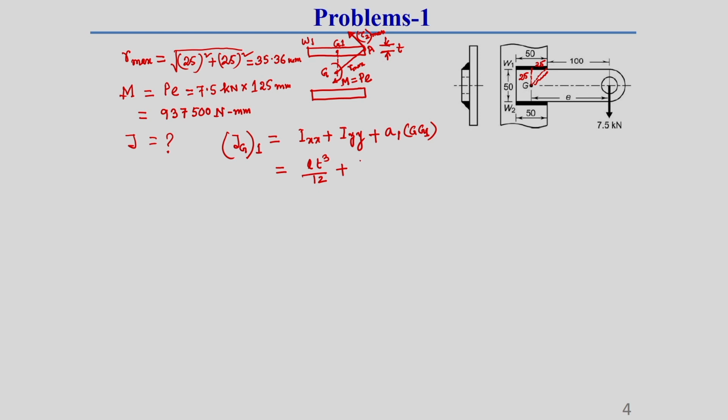So, Iyy is equal to, we know, T L cube divided by 12 plus A1 into Gg1. Here, as it is generally mid length, Gg1 is 50 by 2 millimeter.